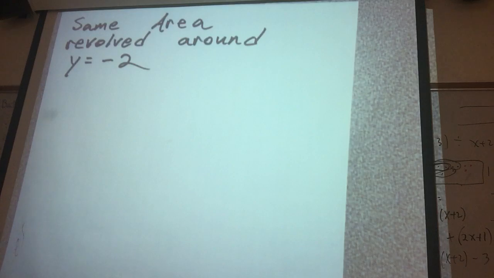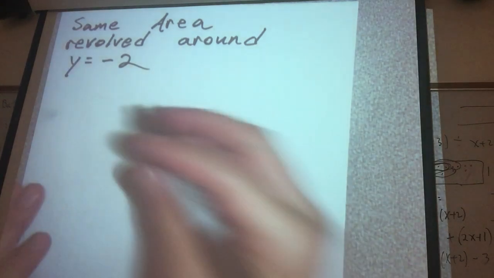Okay, so I'm going to take the exact same region that is bounded by x squared, the x-axis and x equals 2. But we're going to revolve it around y equals negative 2. Ooh. Okay, so let's try to imagine what we're looking at in this picture.